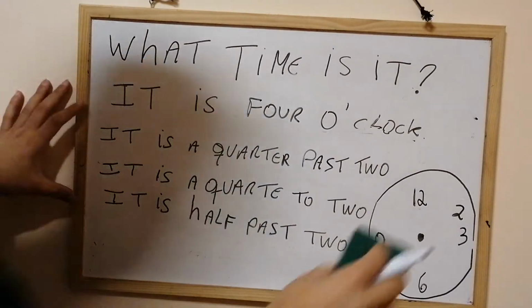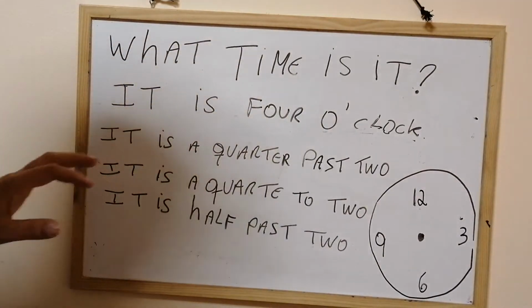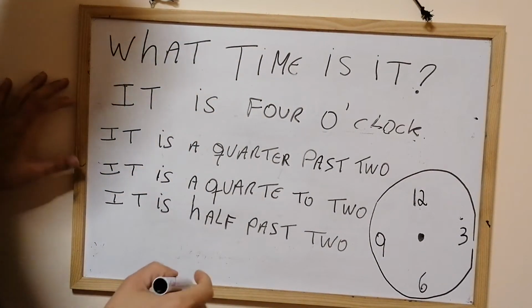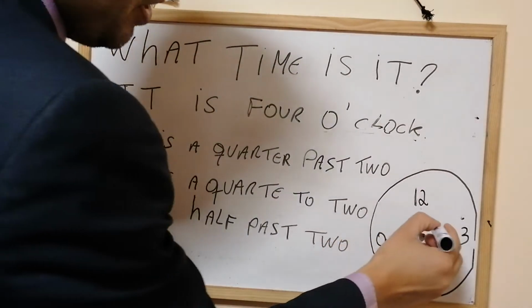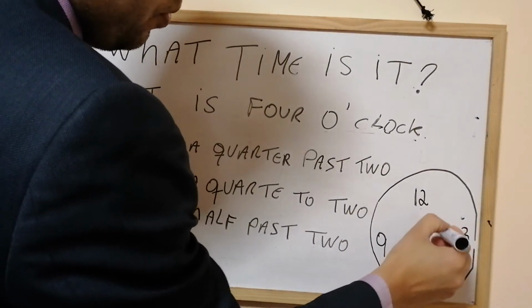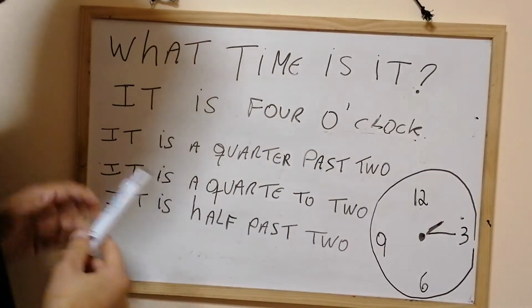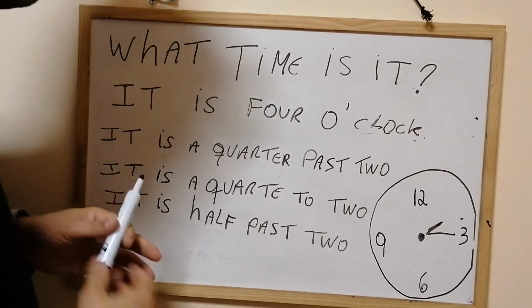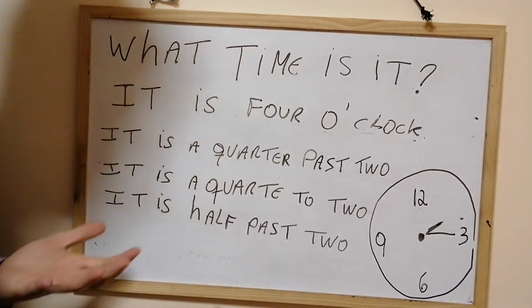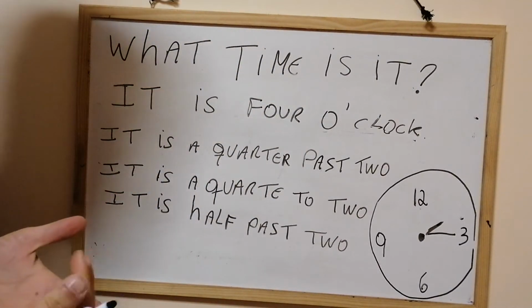As I said before, we divide the time in quarters. If I have the clock set here to 2, and I have 2 hours and 15 minutes, you can say the time: it is 2 hours and 15 minutes.